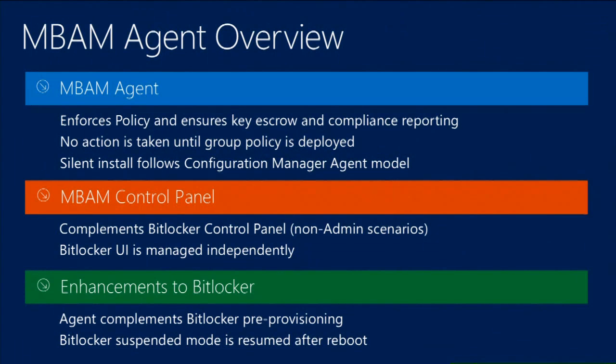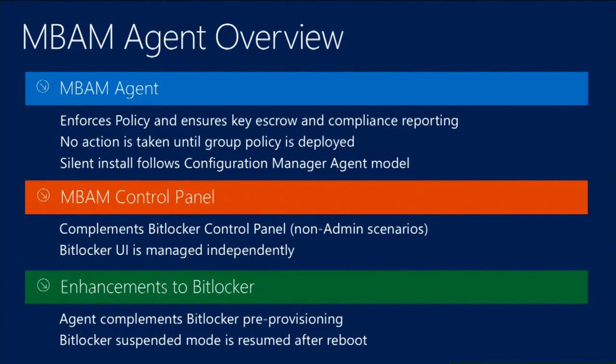We also, during installation of the client, add a BitLocker or an MBAM UI in the control panel. And the reason we did that is because in Windows 7, if you weren't an administrator, you didn't have the ability to change your PIN. And that's kind of a problem if I go into a recovery event because I forgot my PIN and then I have no ability to change it as a standard user. So it would mean that an IT admin would have to go log into the machine and then help you change it, and that's just a lot of overhead.